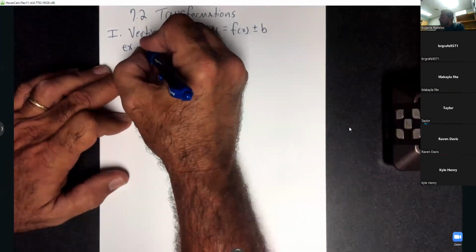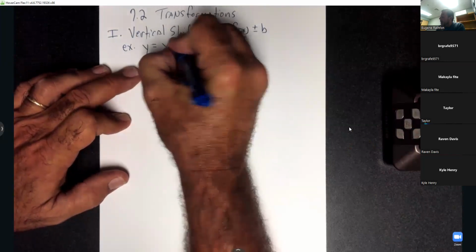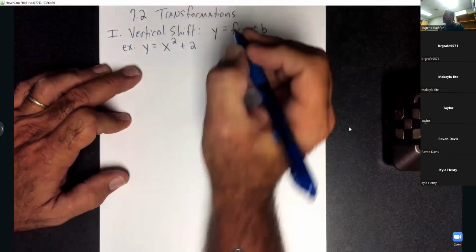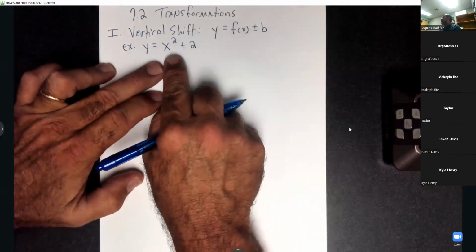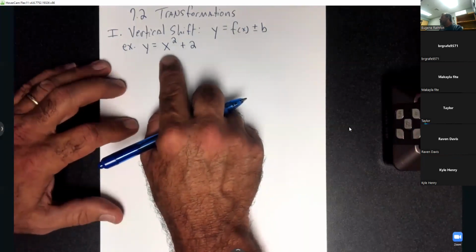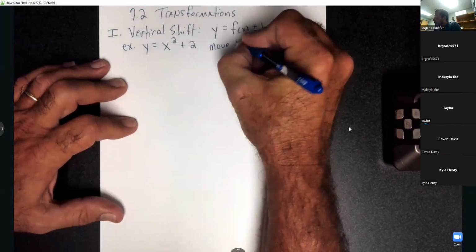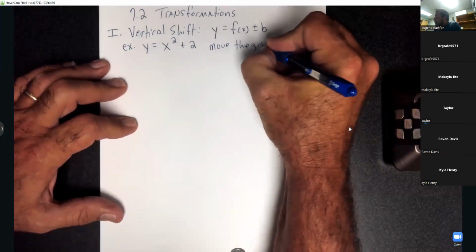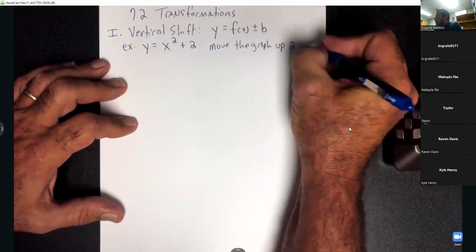If I had y equals x squared plus 2, x squared is my f of x, and I'm adding 2. If I add to my function, this is going to move the graph up 2 units.